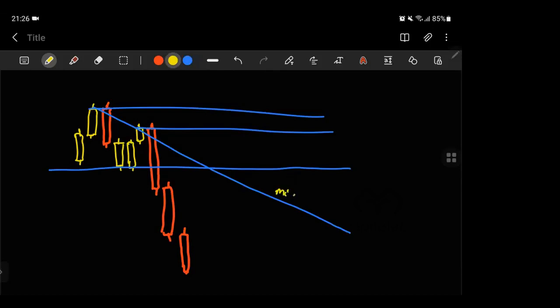So for the trend line, we are going to mark it as miss. This one is accurate. This one is dip. So on the OHLC view, it's the same.